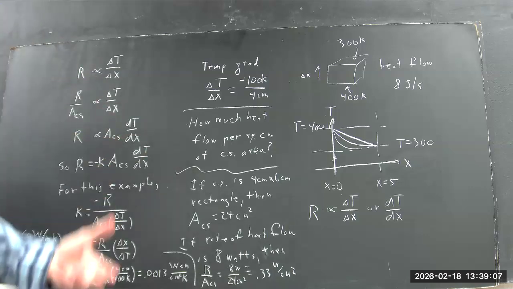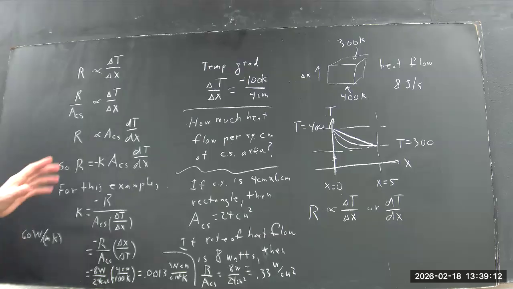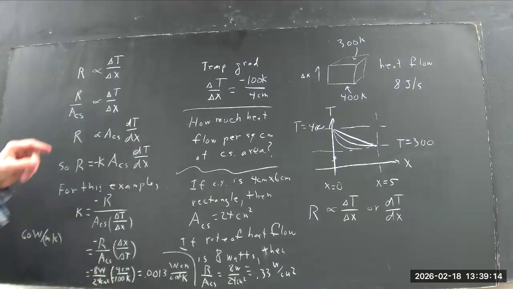Heat flow. Okay, heat current. And I'm going to use the word heat current because your model for what happens in an electrical conductor, and we're going to move into electricity pretty soon, is very similar to what's going on here. And we'll make that connection in a minute. Okay, so we got 60 watts per meter Kelvin.